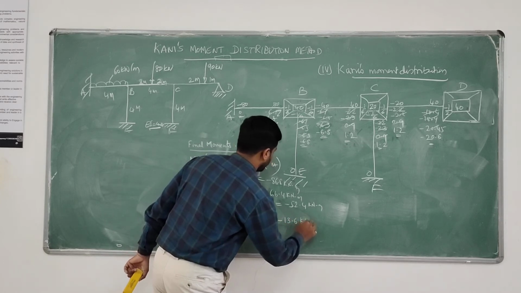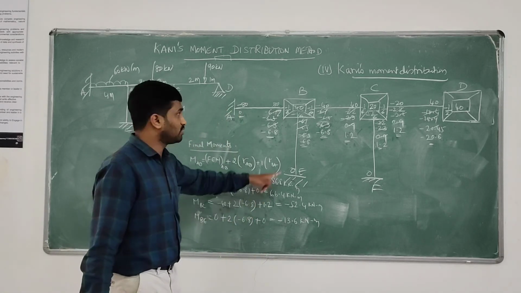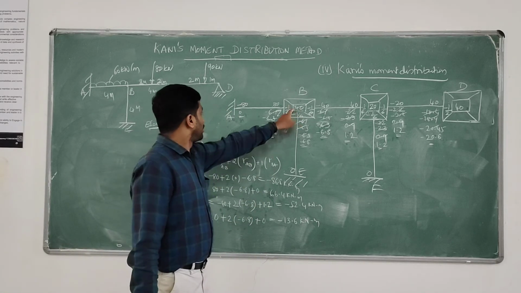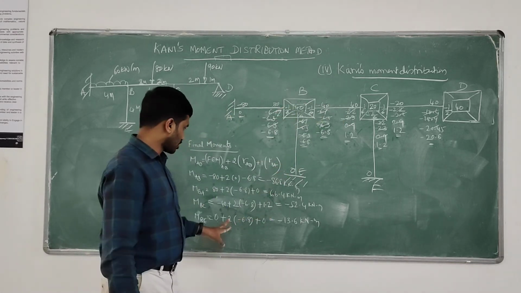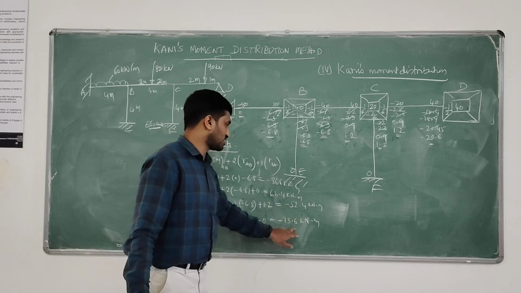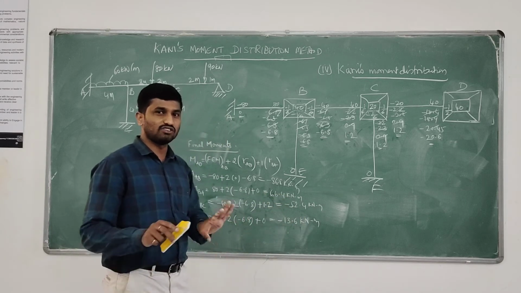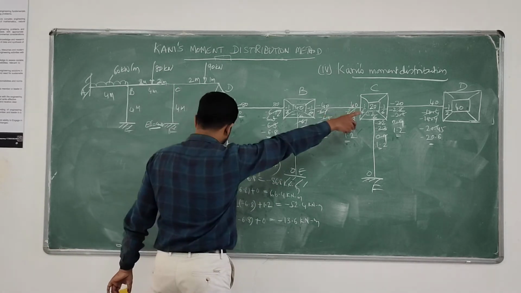Just observe over here. To satisfy the joint equilibrium condition at joint B, MBA plus MBC plus MBE equals 0. Check: 66.4 minus 52.4 minus 13.6. Approximately the value is 0. Okay.